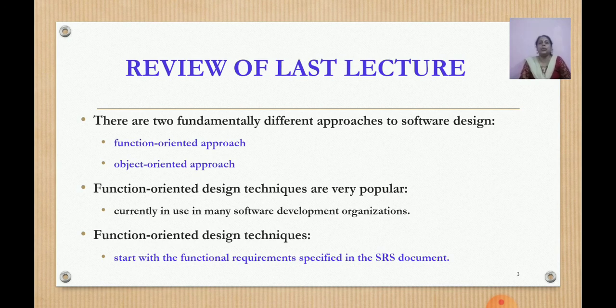In the object oriented approach, the design is based on real world entities. But function oriented design techniques are very popular and currently in use in many software development organizations. Function oriented design techniques start with the functional requirement specification in the SRS document.